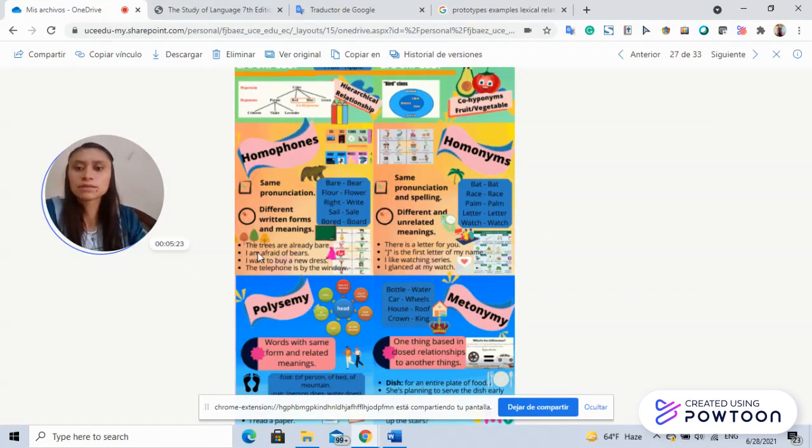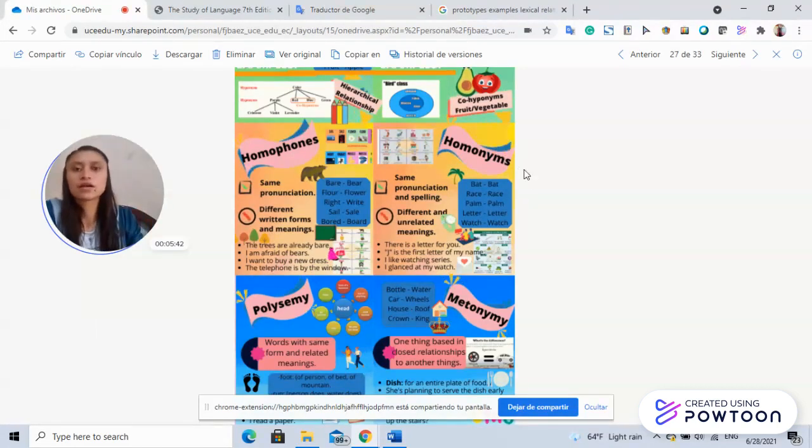We have more examples. The trees are already bare, and I'm afraid of bears. Those words are pronounced the same, but they have different meanings. I want to buy a new dress. The telephone is by the window.